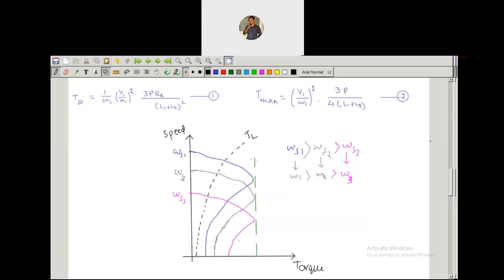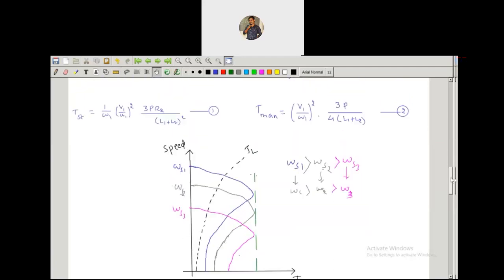Here the observation is that if V1 by W1, that is the air gap flux, is kept constant, the maximum torque remains constant, but the starting torque is inversely proportional to the supply frequency. So even if the air gap flux is kept constant, if you keep decreasing the frequency to low frequencies, we have taken the starting torque equation for R1 plus R2 less than L1 plus L2. That is, we considered the stator resistance effect neglected compared to the reactance.